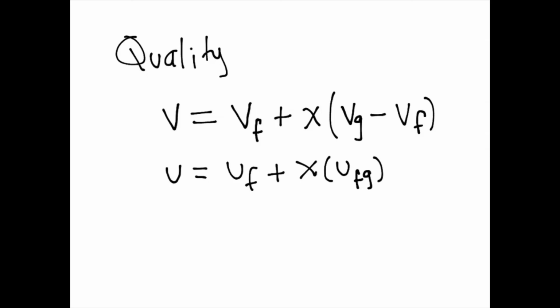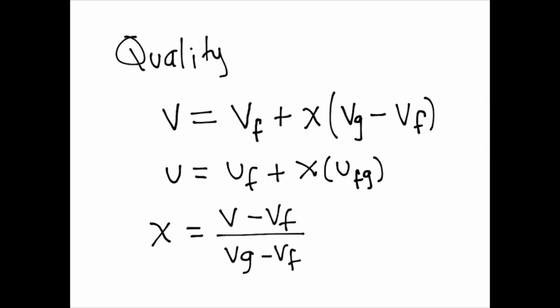So you can also find the quality by solving for x here, given the property, not only with the mass. Very, very important in order to get the quality. So we have discussed in this tutorial the saturation process.